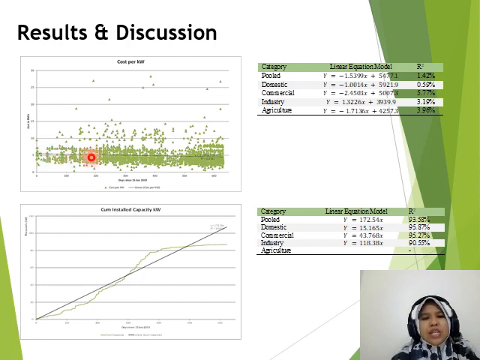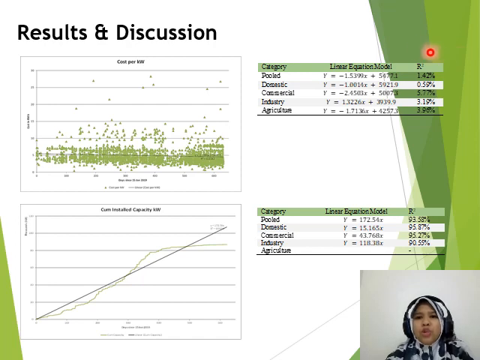The decrease is slow and steady, but it is considered a diminishing rate. However, the installation capacity is going up, and it is obviously an increasing rate.